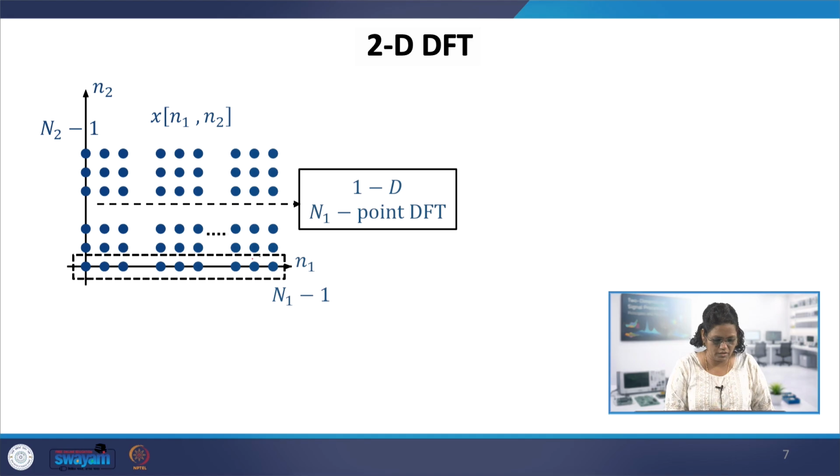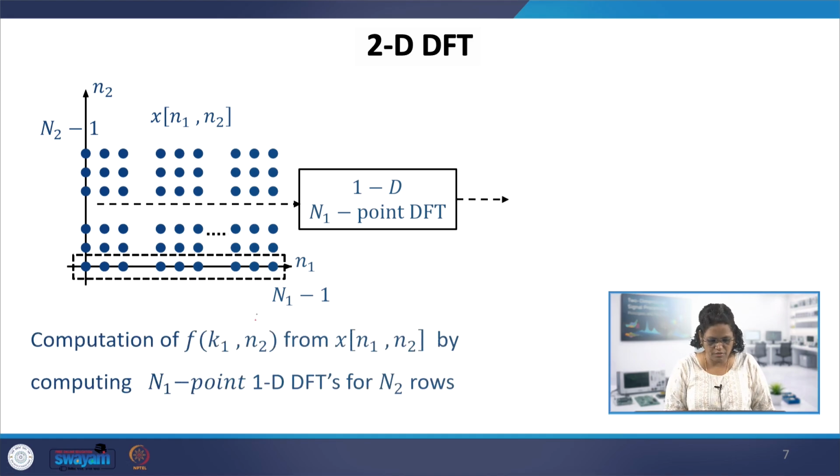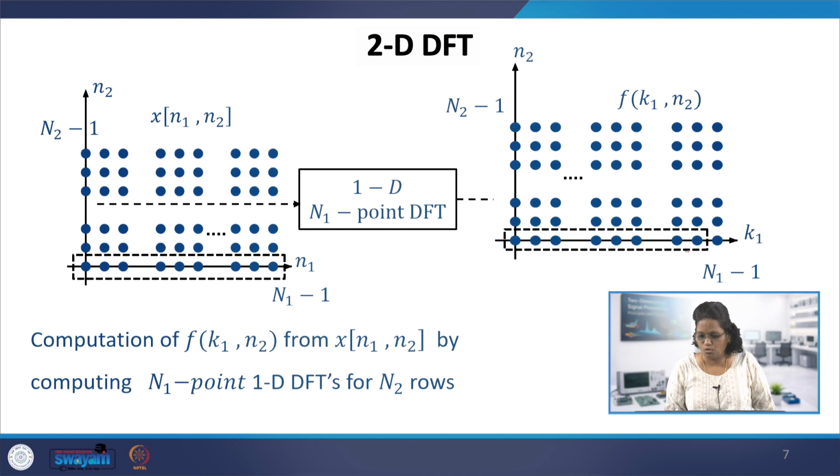First we take the DFT of this sample, the 1D n1 point DFT; the size depends on n1. You would get the 1D DFT output, which is only in k1, f of k1 comma n2. For n2 equal to 0, we get f of k1 comma 0, that is this row.